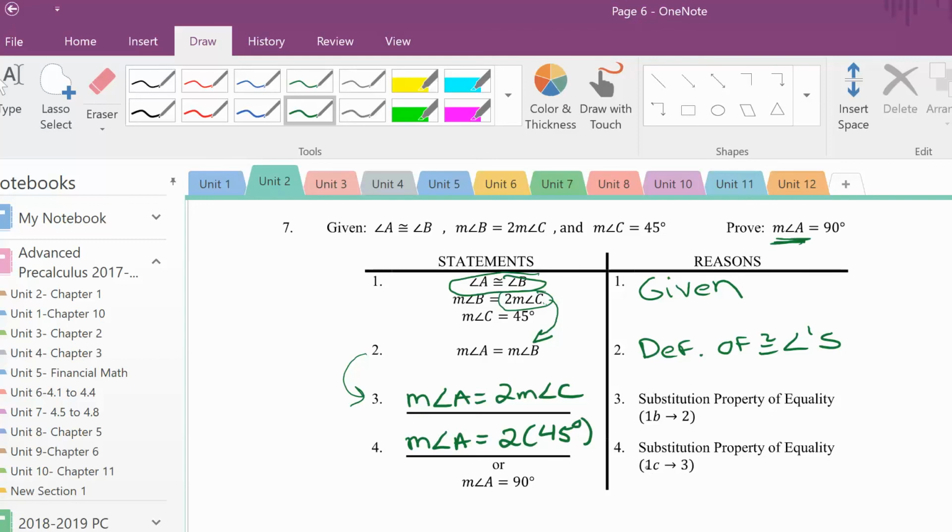And then for 4, you're substituting 1c in for 3. So basically what you're doing is replacing C with 45. Remember, angle A stays the same. So it's 2 times 45 or 90 degrees. And that's what you're trying to prove, that the measure of angle A was equal to 90.